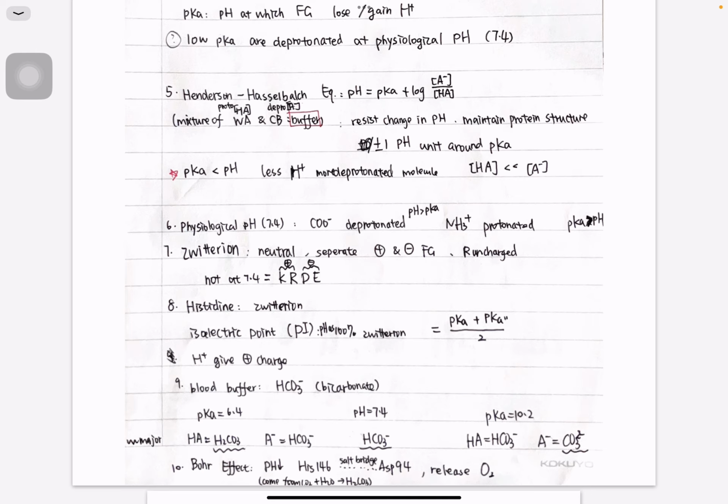And we know our blood is also a buffer. Our blood contains lots of bicarbonate, and we know the bicarbonate can gain a proton and it can lose a proton, so it is a really good buffer. So when the pKa is 6.4, that means it is lower than the pH.